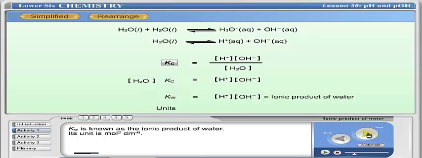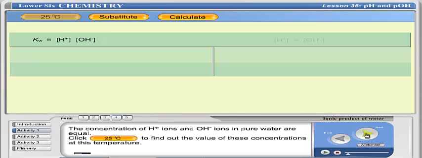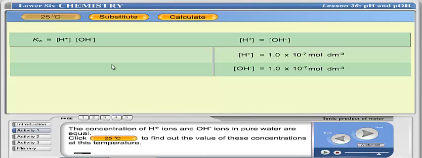Kw is known as the ionic product of water. Its unit is mol² dm⁻⁶. The concentrations of H+ ions and OH- ions in pure water are equal. Click the 25°C button to find out the value of these concentrations at this temperature.